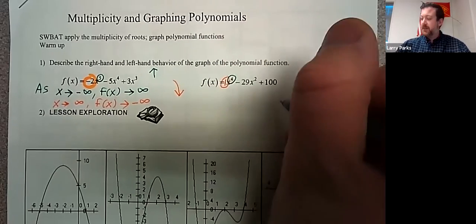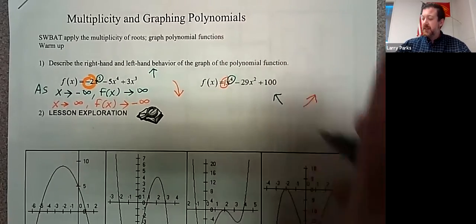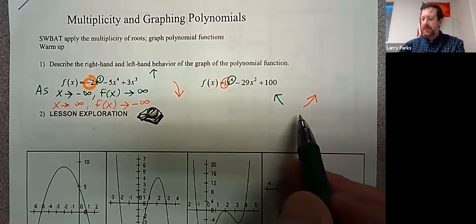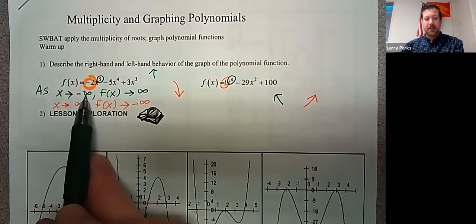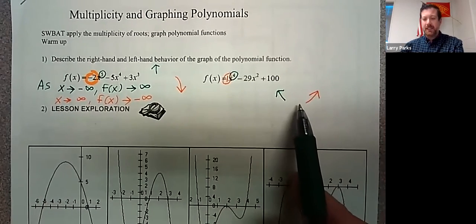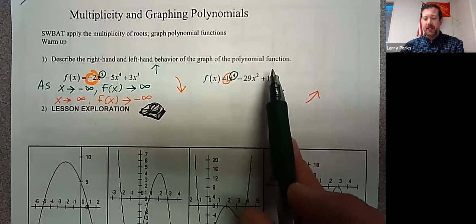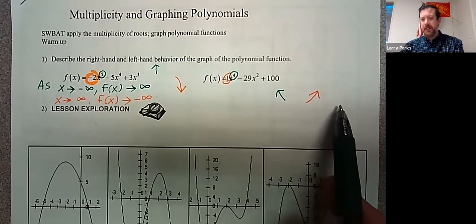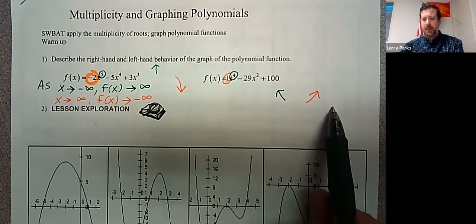Even degrees repeat themselves, so because it opened up on the right, it's going to open up on the left. So as x approaches negative infinity, the function approaches positive infinity, and as x approaches positive infinity, the function approaches infinity.